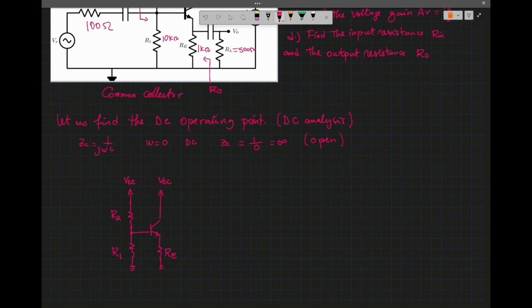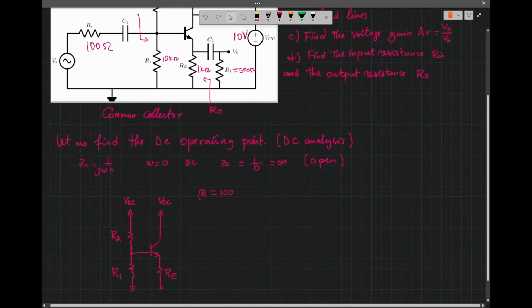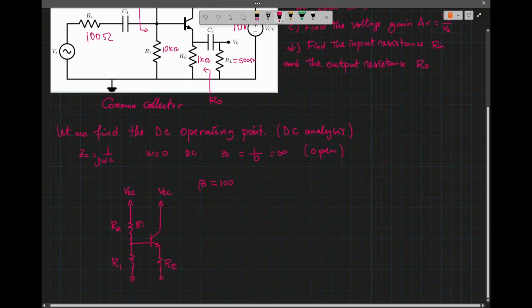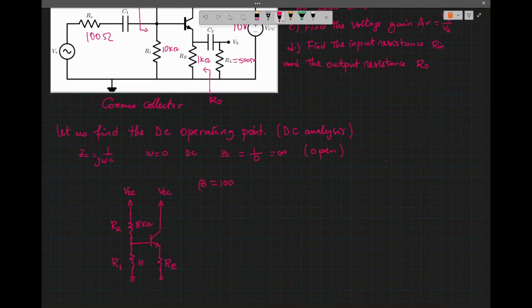We're told that beta for this network is 100. R2 is 8 kilo ohms, R1 is 10 kilo ohms, and RE is 1K.